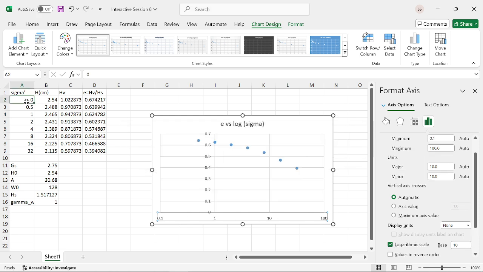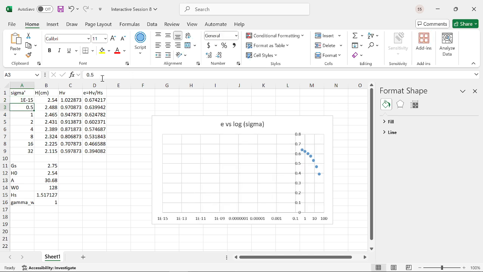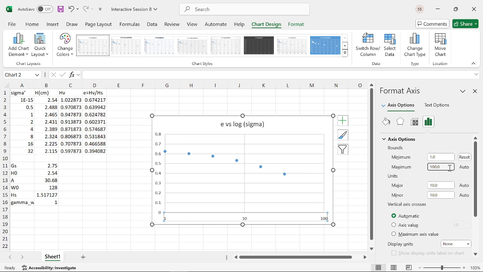Okay, so let me do one thing. The maximum is 100, and then we have minor, let us have it at 3.